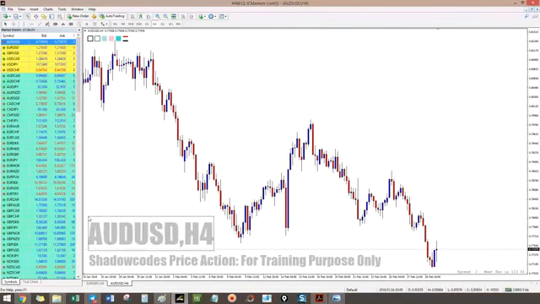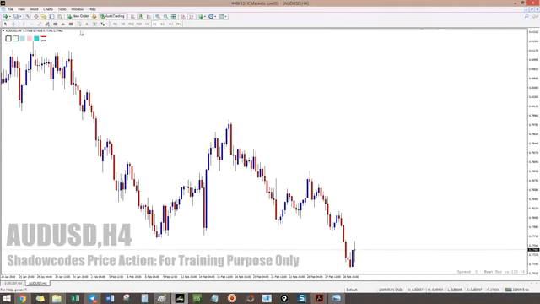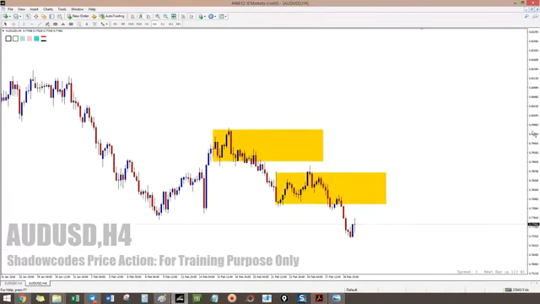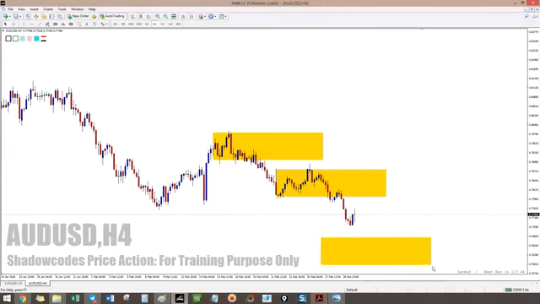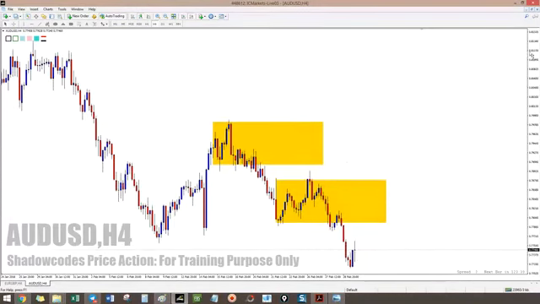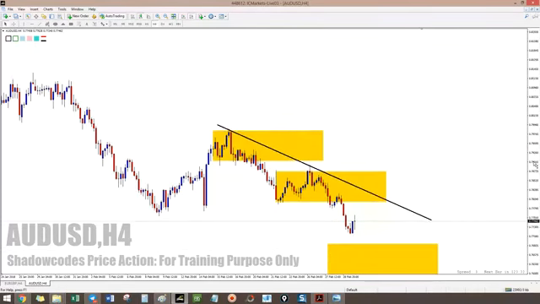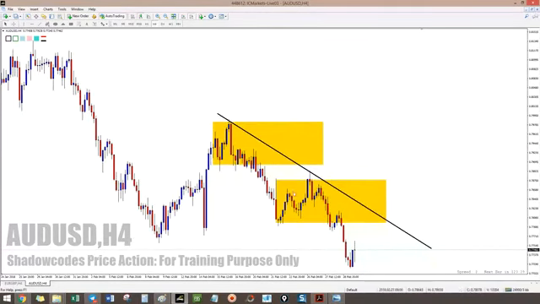Okay, over here, let's analyze the market using market structure. First you have this phase, and then this phase, and then you're expecting to have this phase. Just be careful over here because price is still in a downtrend, and no structure has been broken yet.